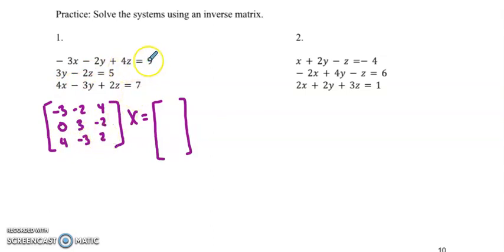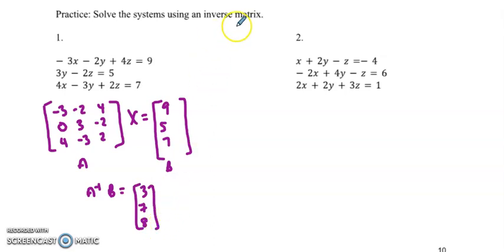And then the constants on the right are 9, 5, and 7. Make sure you put this in for the A matrix and this in for the B matrix, and then you'll take A inverse times B, and the solution matrix you get will be the X matrix. It's going to be the matrix 3, 7, 8.